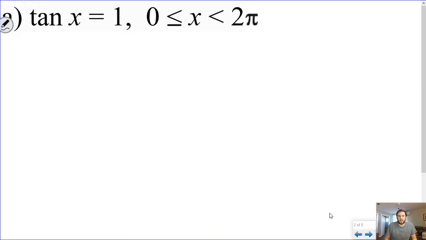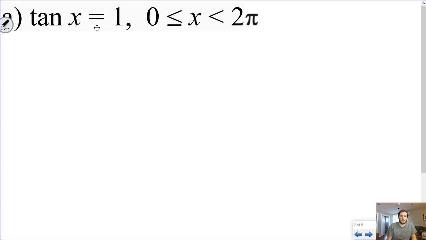Now let's take it one step further. For now, let's look at something similar to what we did in the last video. For example, if I have tan x equals 1, it's already been isolated. Now we need to figure out, what is x?